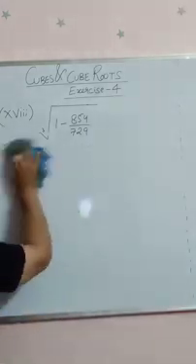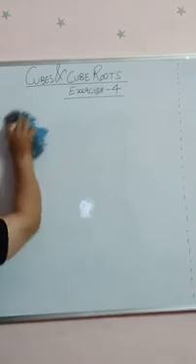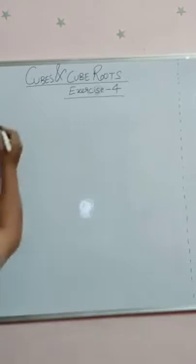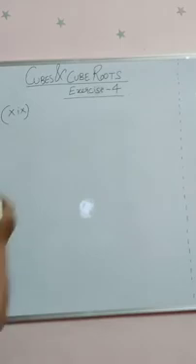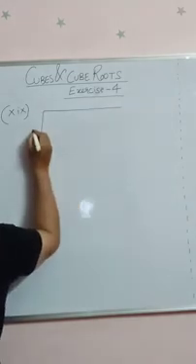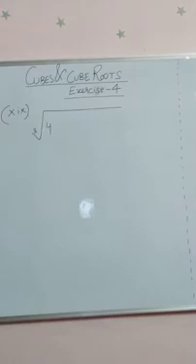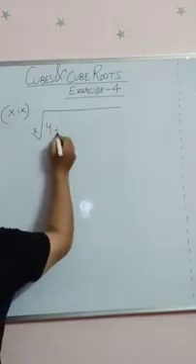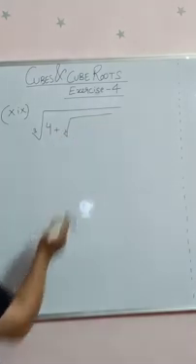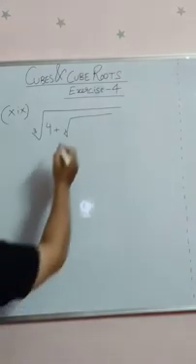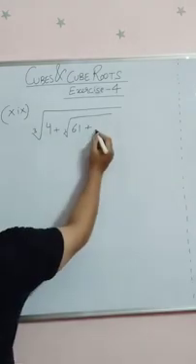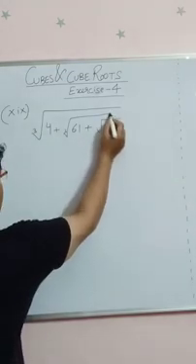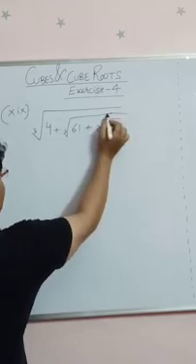The 19th part is to find the cube root of 4 plus the cube root of 61 plus the cube root of 27. So this is how the question is given to us.